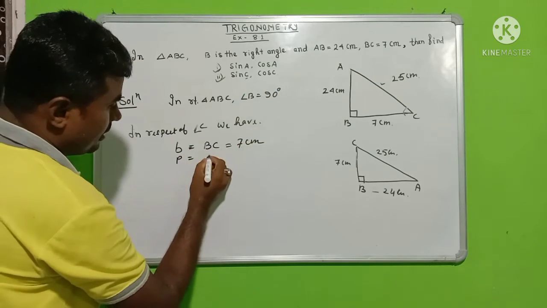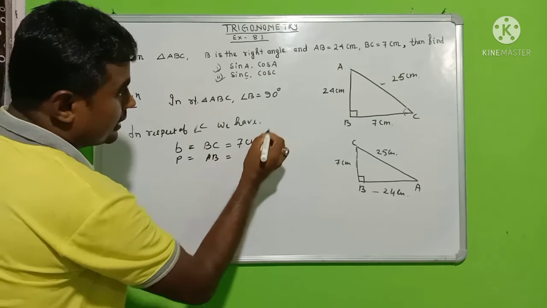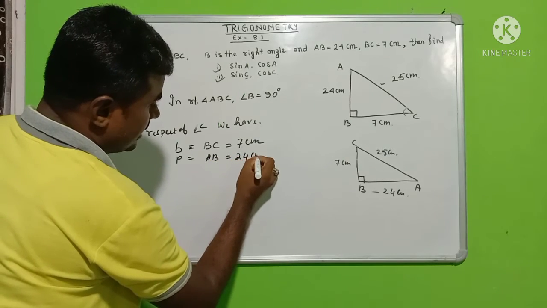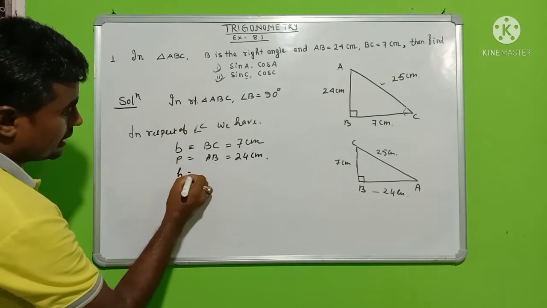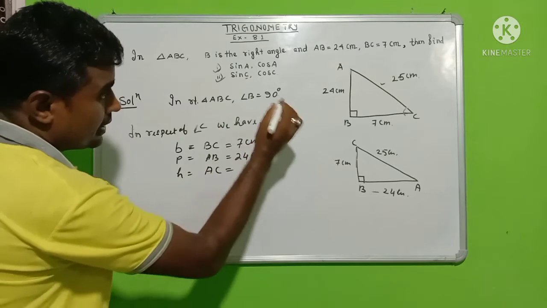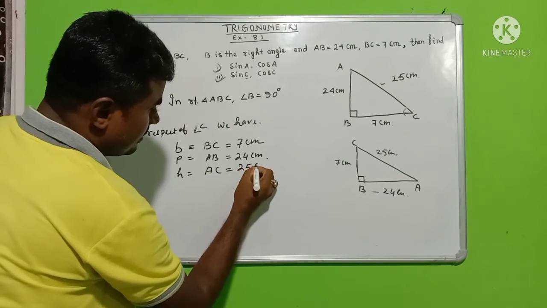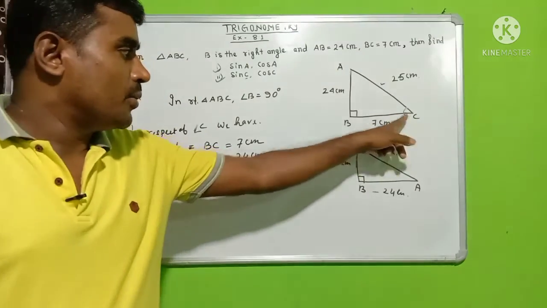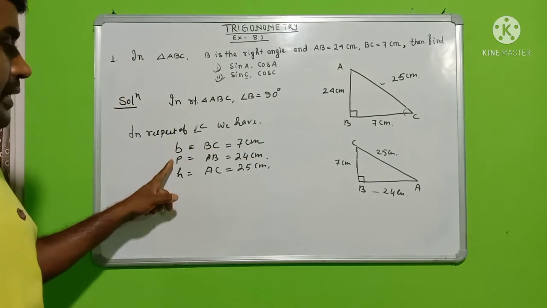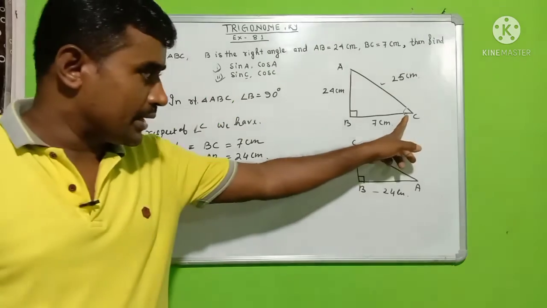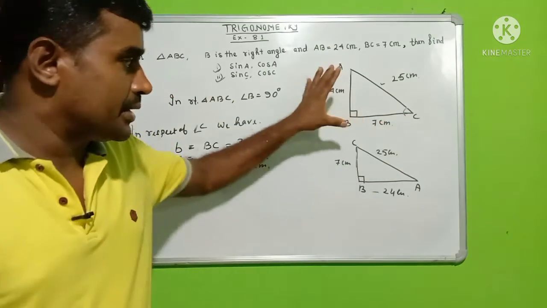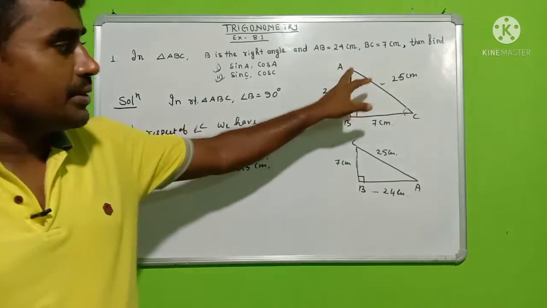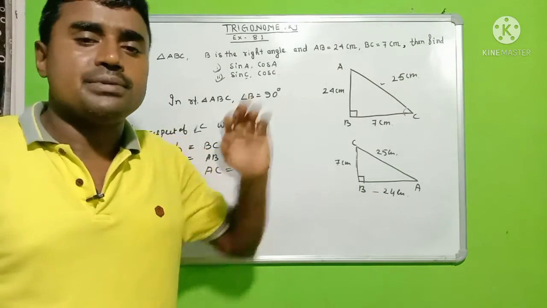Perpendicular is AB, that is 24 centimeter. And hypotenuse is AC and it is 25 centimeter. So in respect to angle C, we find the values of P, B and H.